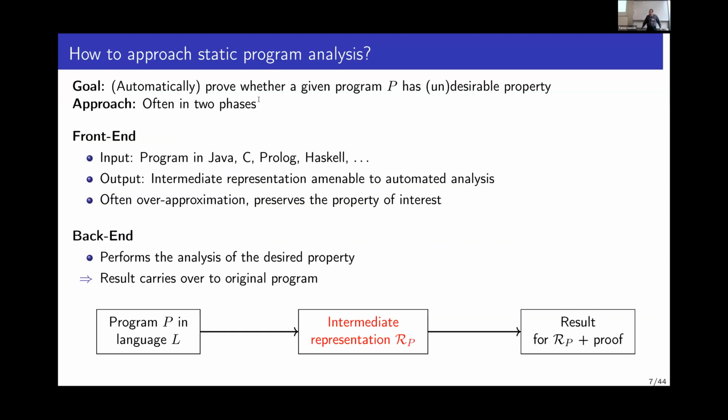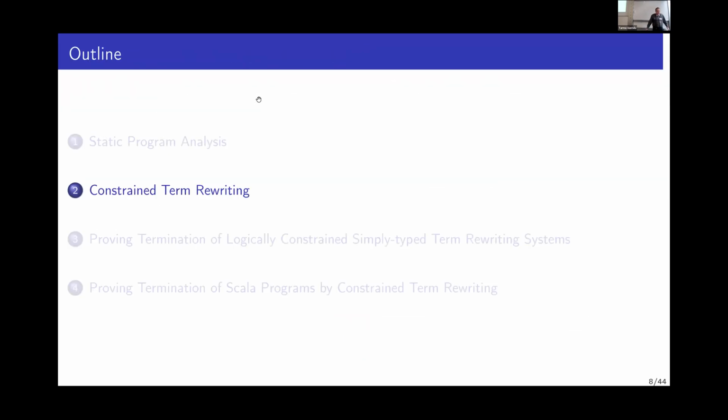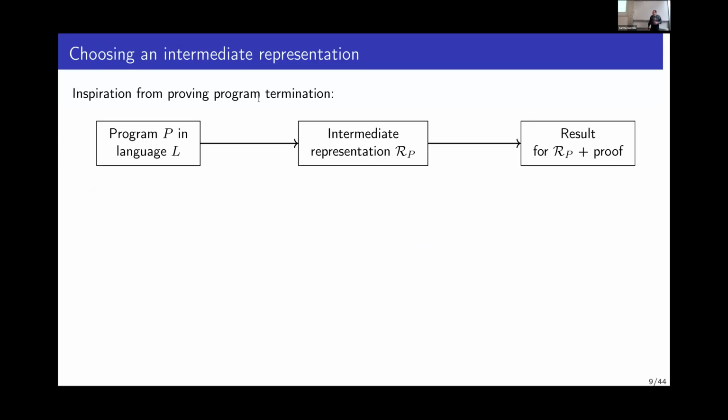So what I'm now going to focus on is, what is that intermediate representation that we might use? And well, this is where now constrained term rewriting comes in as one possible choice. So how to choose an intermediate representation for such a static analysis, one can take inspiration from proving program termination.